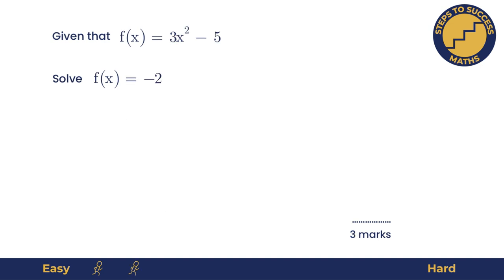Given that f of x is equal to 3x squared minus 5, solve f of x is equal to negative 2. So again, 3x squared minus 5 is equal to negative 2, and solve the equation. Start by adding 5. 3x squared is equal to 3.